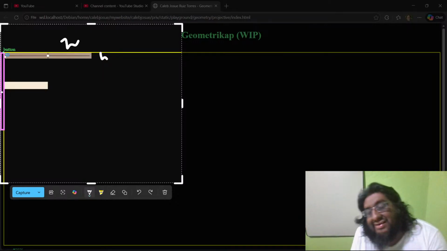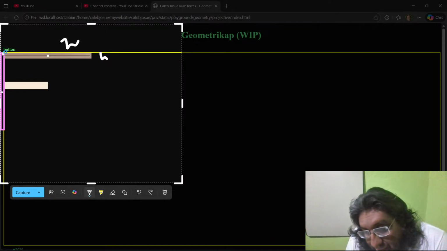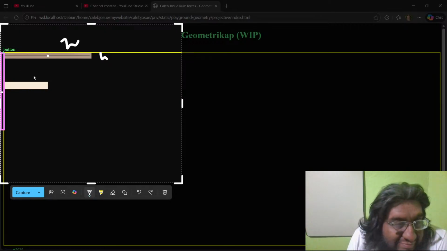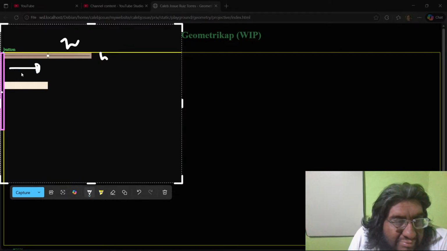Well, it becomes difficult because for different rotations, it's not quite easy to see a formula. Okay, the midpoint.